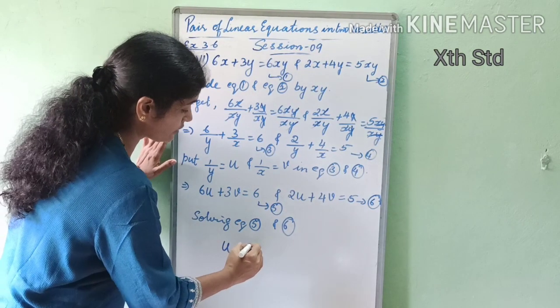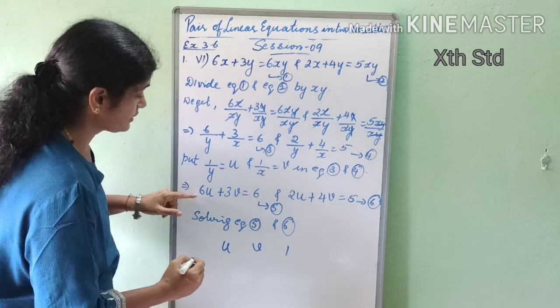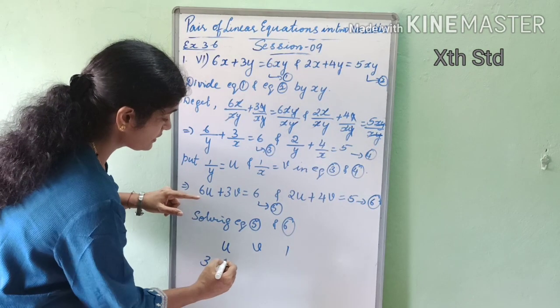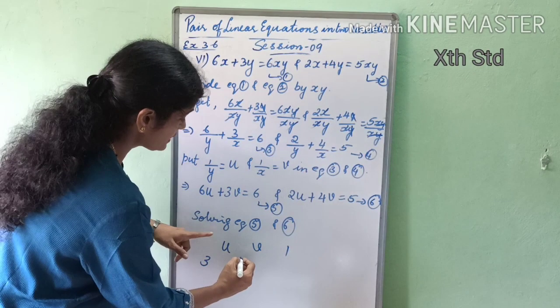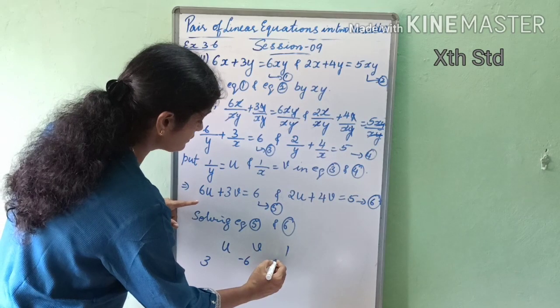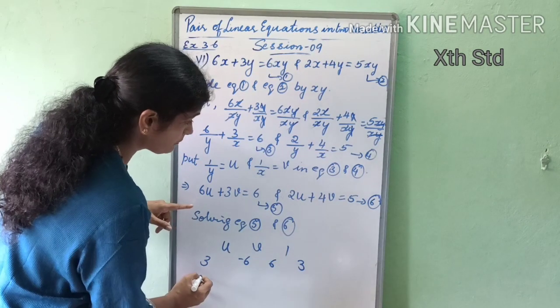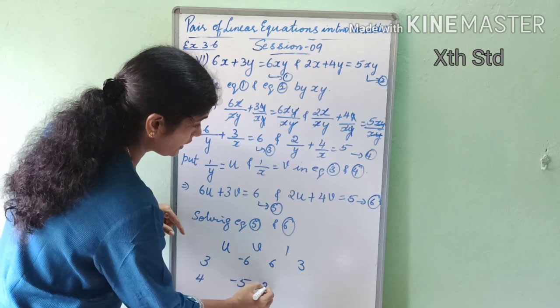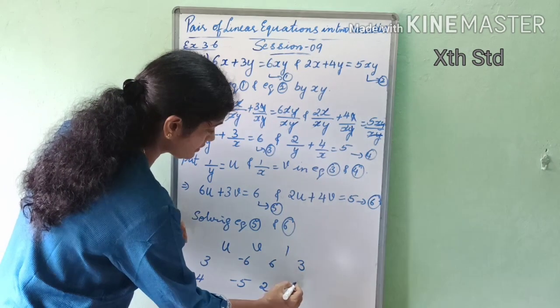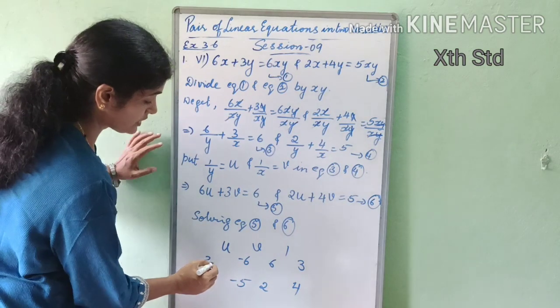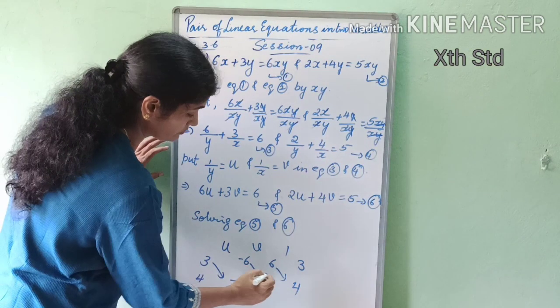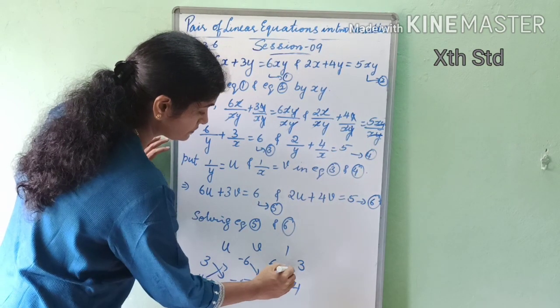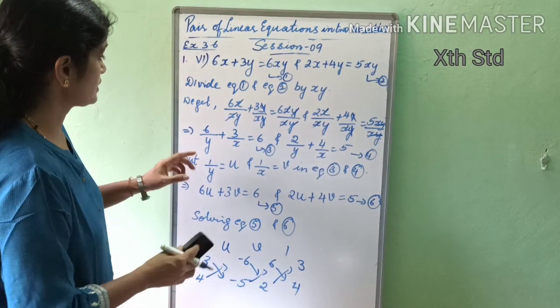Let's see cross multiplication. Okay, so b1, c1, a1, b1, b2, c2, a2 and b2 with these arrow marks. Now this will solve it.